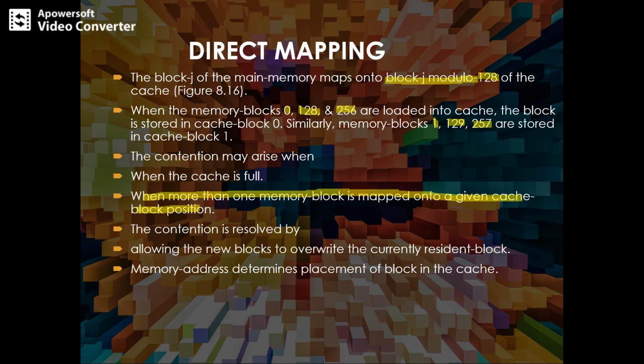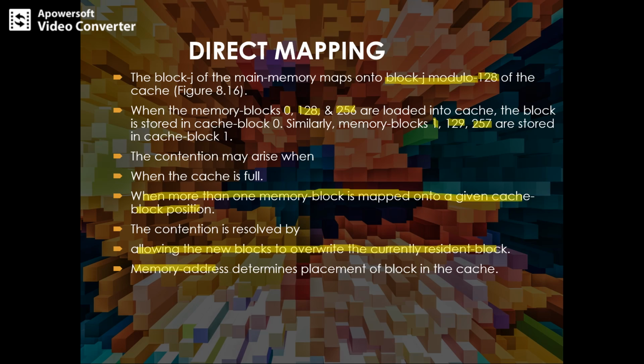So the contention is resolved by allowing the new block to override the currently resident block. How can I overcome the contention problem? We can override the information. The memory address determines the placement of blocks in the cache.